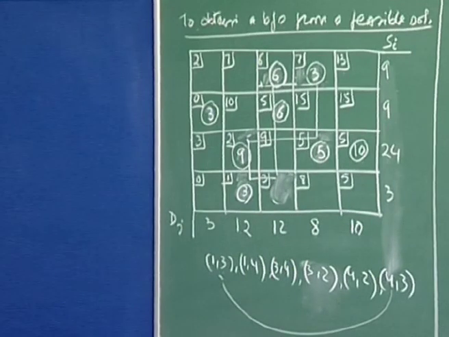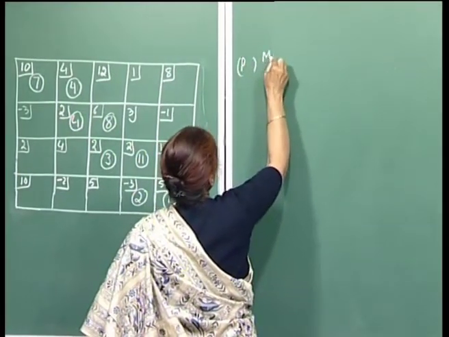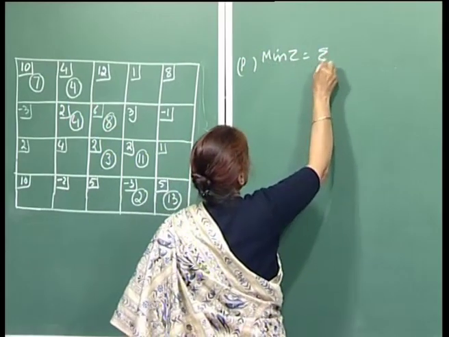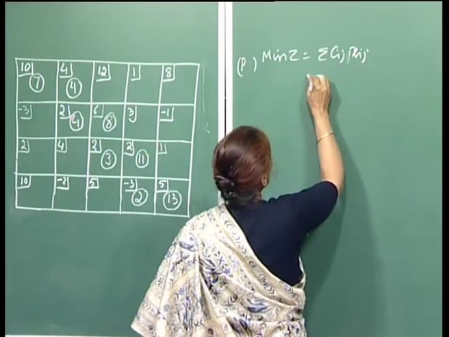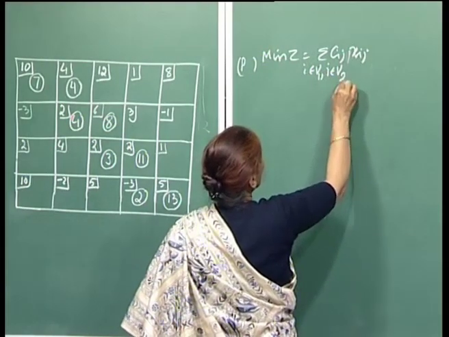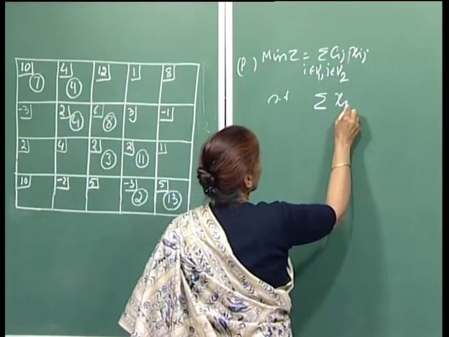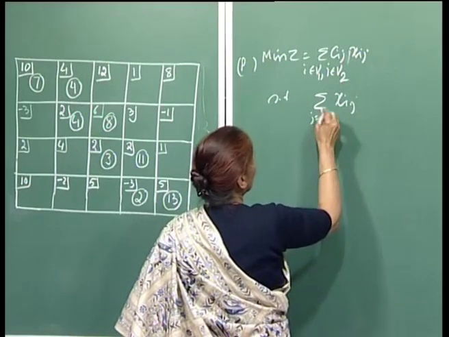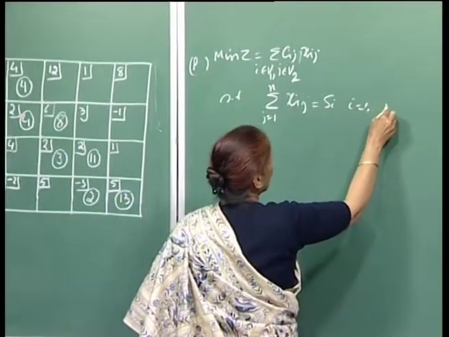So, let us now proceed with the method for computing the relative prices. So, we look at the dual problem. Now, I will rewrite your transportation problem. Primal is minimize z equal to summation c_ij x_ij, where i belongs to V1 and j belongs to V2, subject to summation x_ij, j varying from 1 to n, is equal to s_i, i varying from 1 to m.